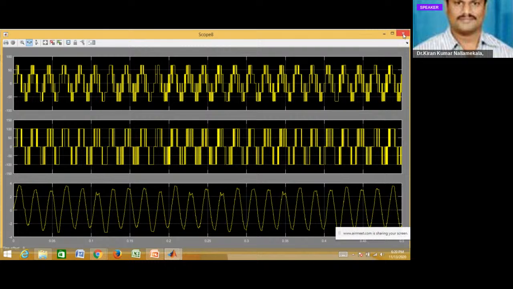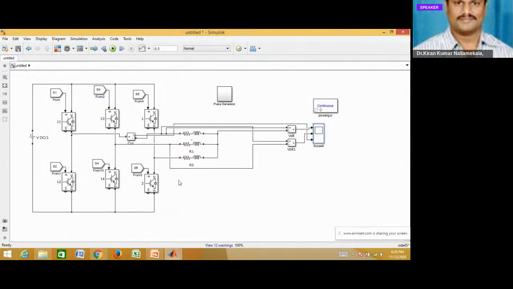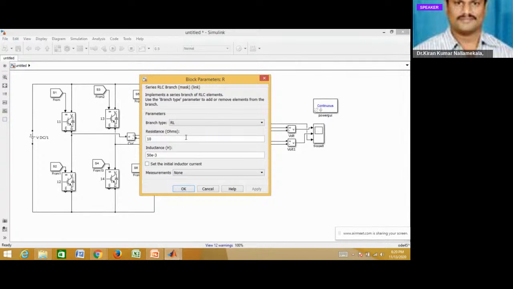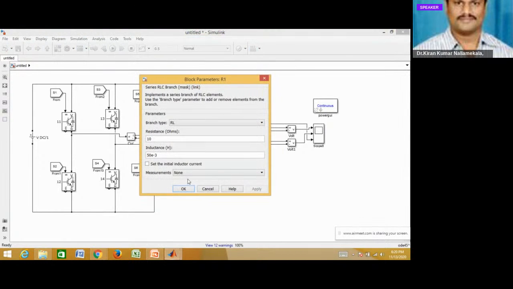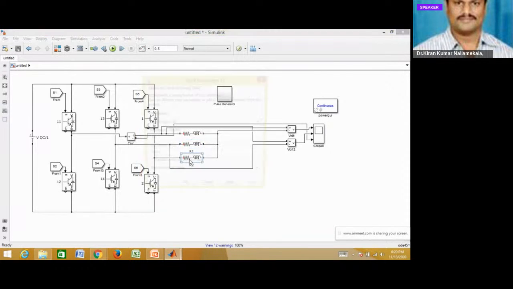We'll check it out once. Phase voltage, line voltage and phase currents.